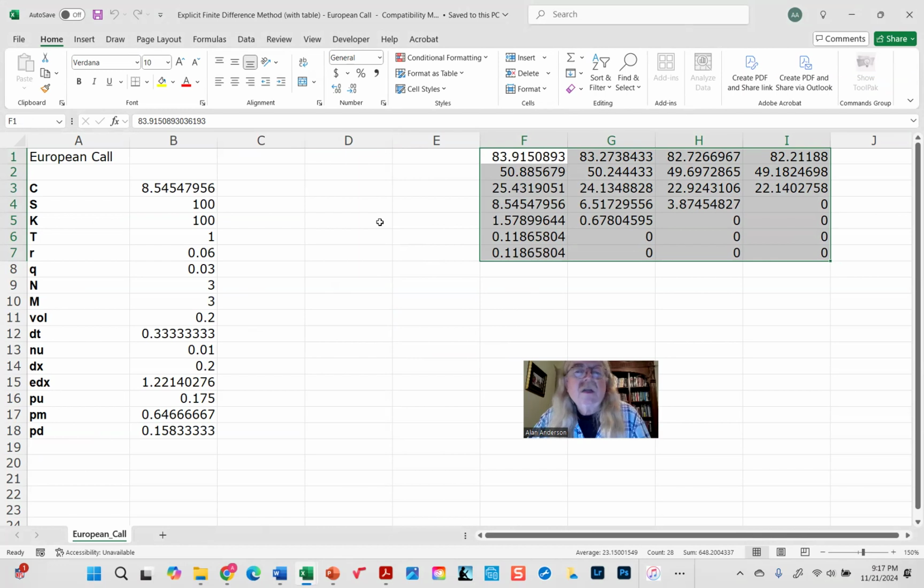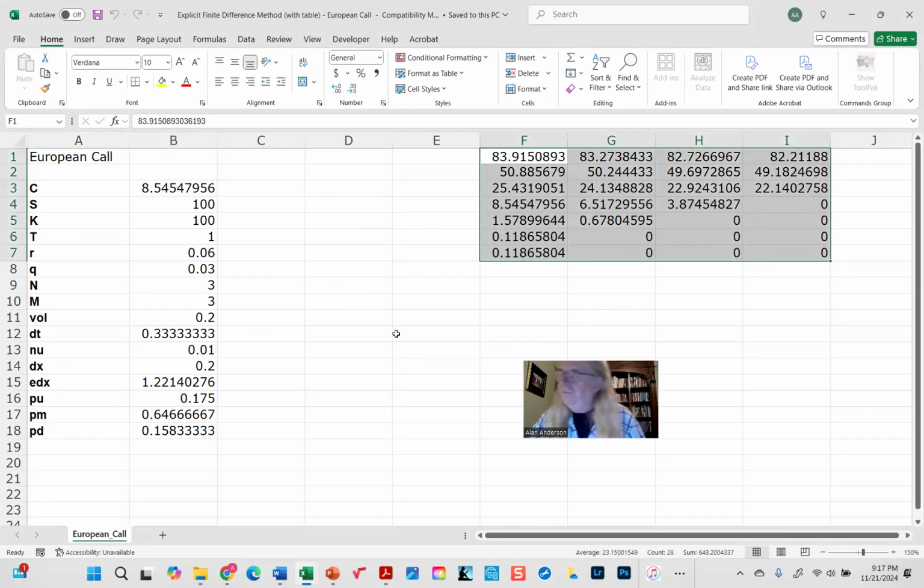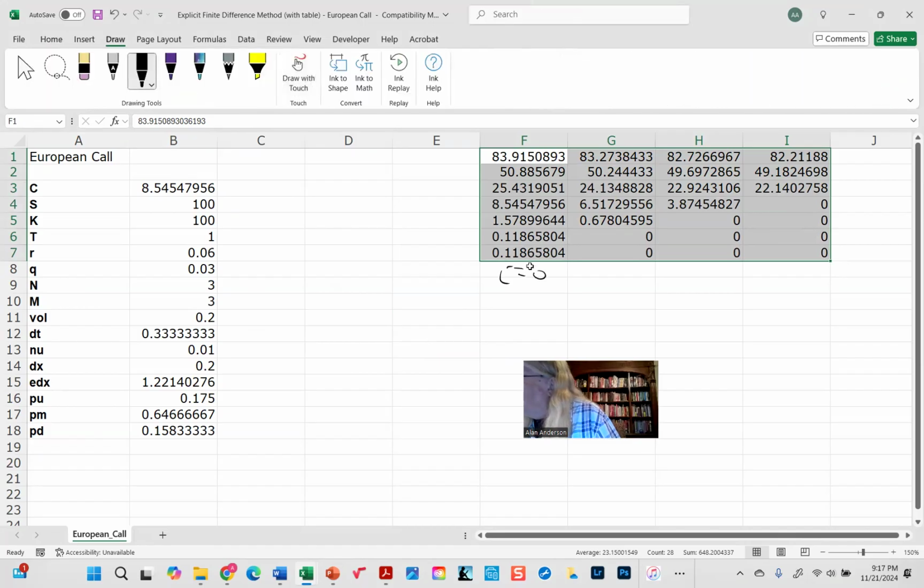And so those are the stock prices on the entire grid. This over here is the resulting call price. But I think it's helpful to have access to this grid where we start at time zero. And you can see the maximum number of time steps is 3.